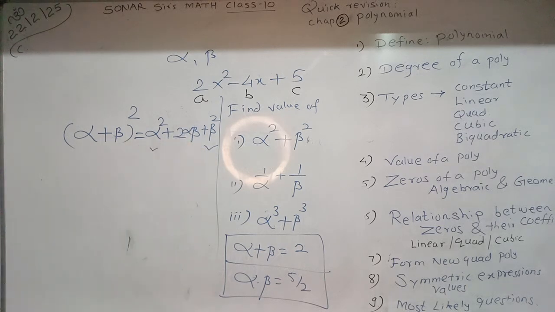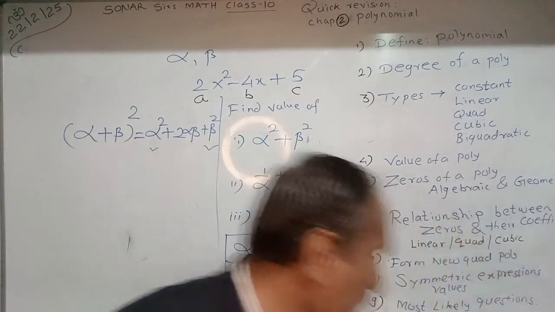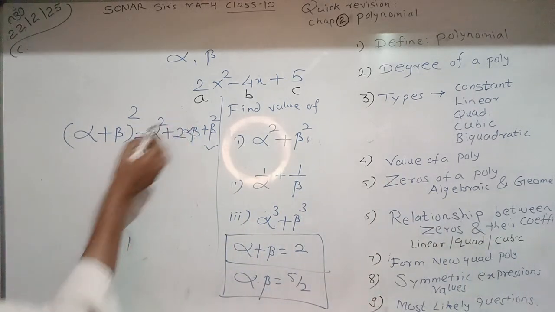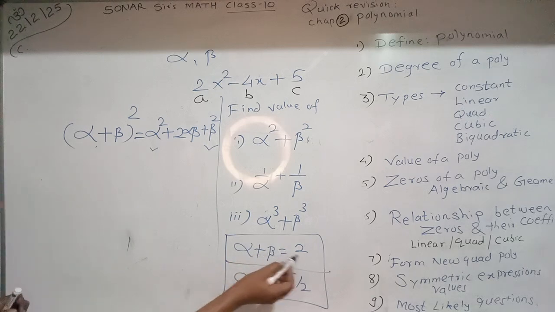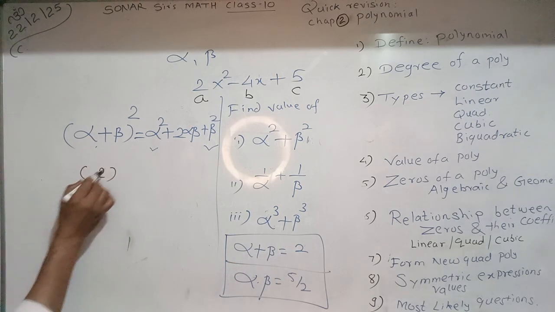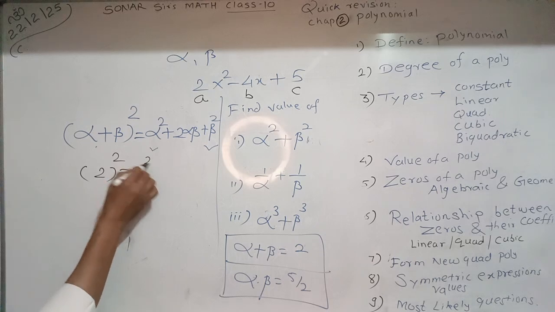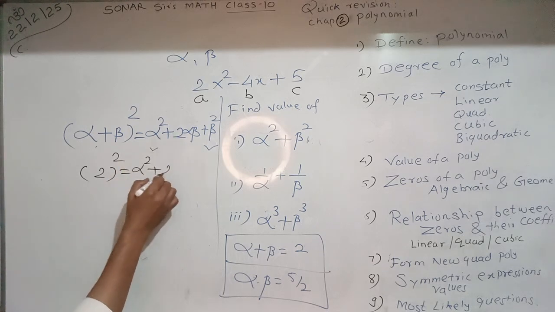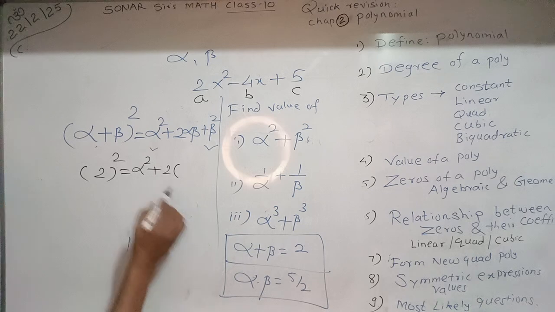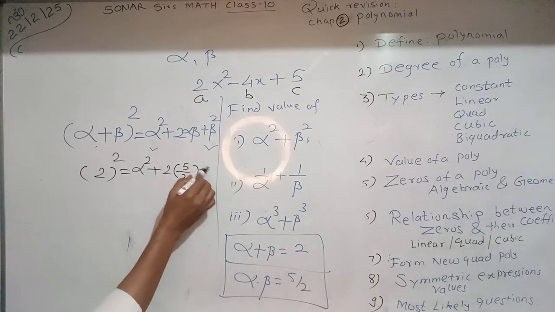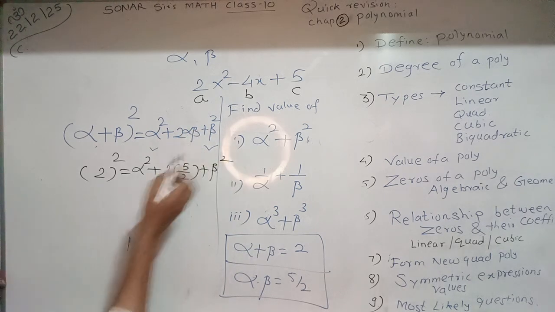Now which values are we already having? We have the values alpha beta and alpha plus beta. Now alpha plus beta is 2. Alpha square we don't know. 2 into alpha into beta we already have, 5 by 2, plus this beta square.